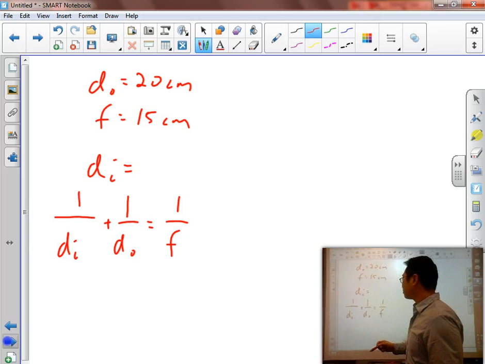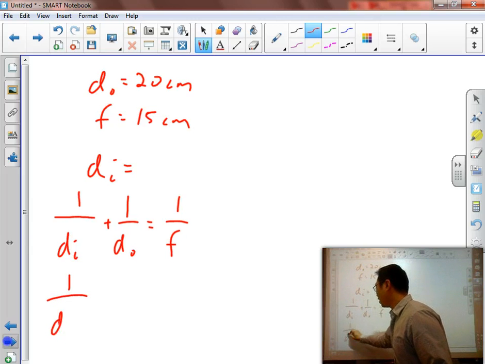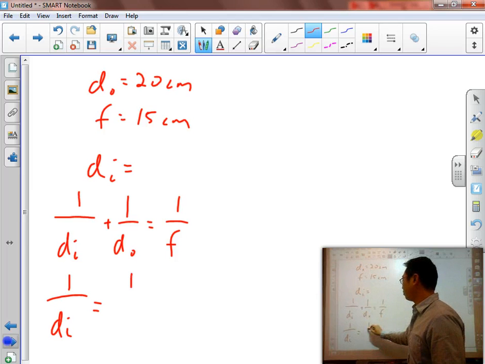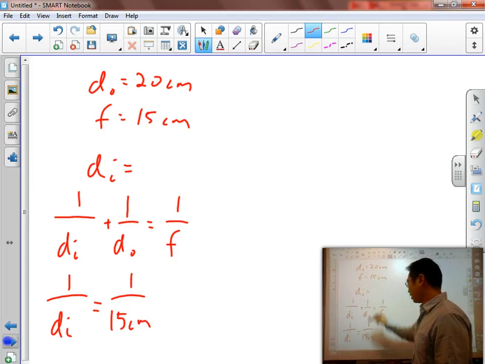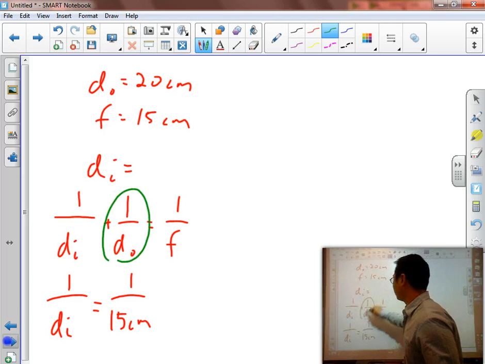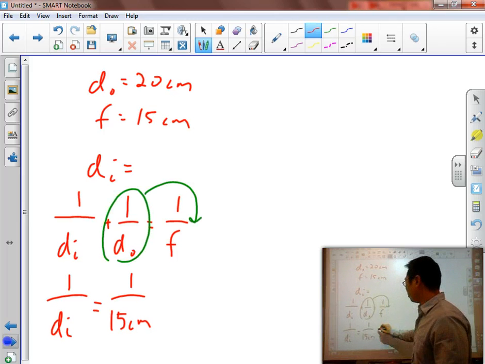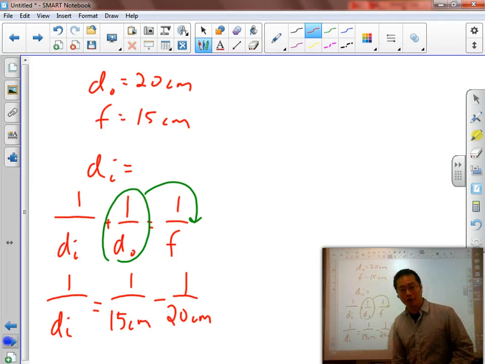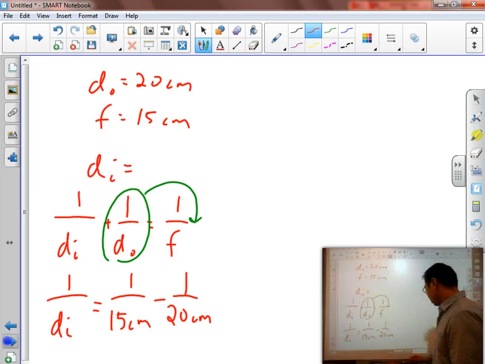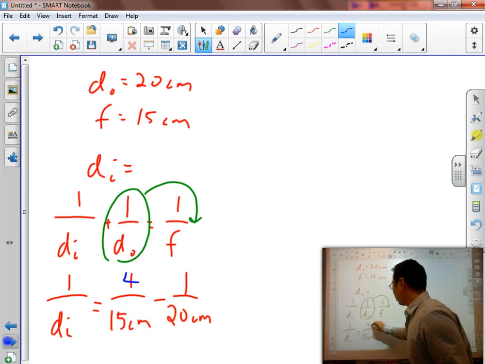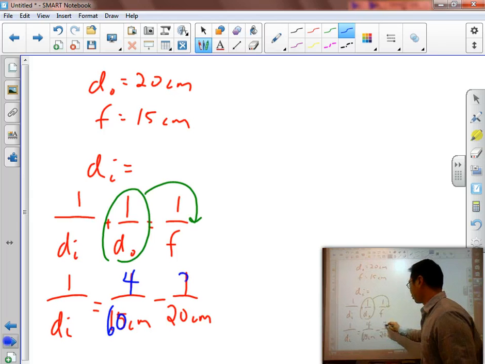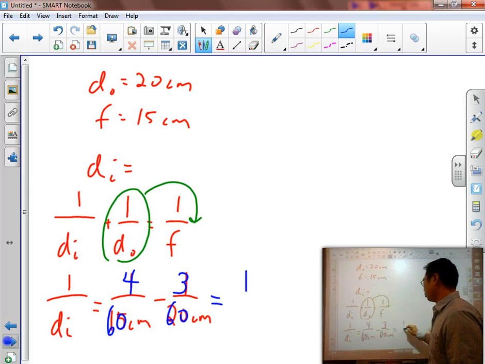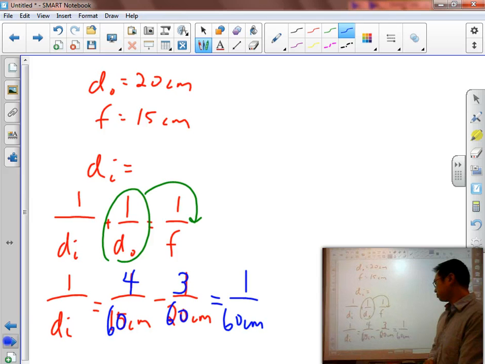So if I plug this in and solve for DI, 1 over DI is equal to 1 over 15 centimeters, DO I would bring to the other side by minusing it, minus 1 over 20 centimeters. You can use your calculator if you want, but let's just find the common denominator, which is of course 60. So this would be 4 over 60 minus 3 over 60, which equals 1 over 60 centimeters.